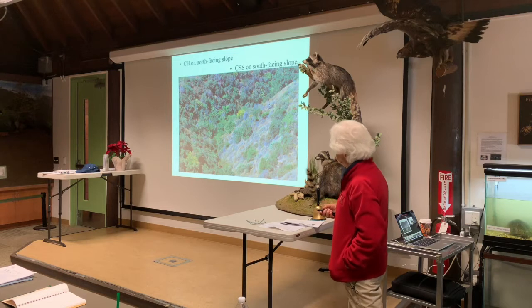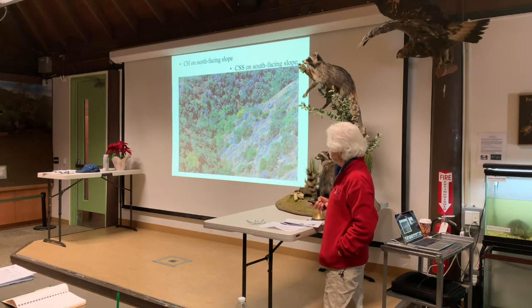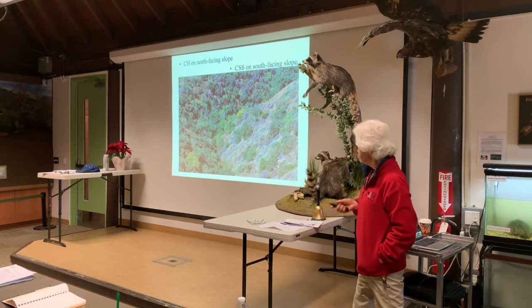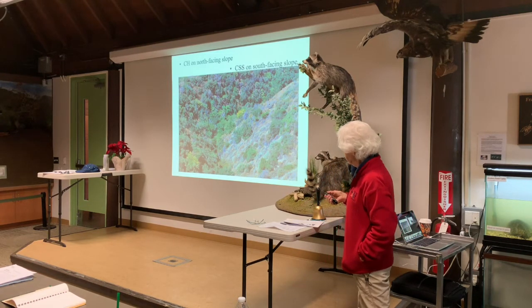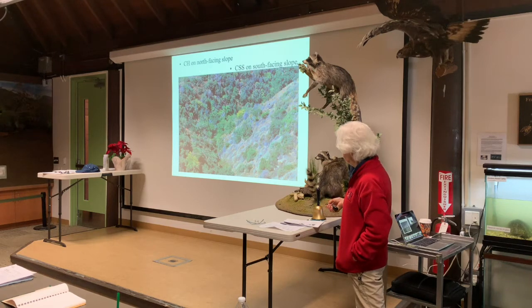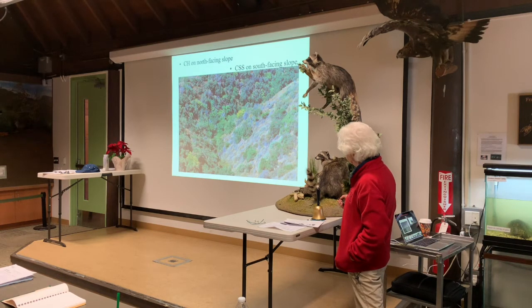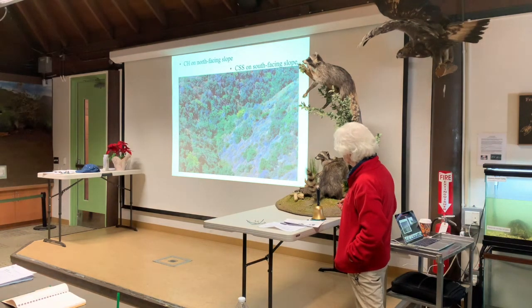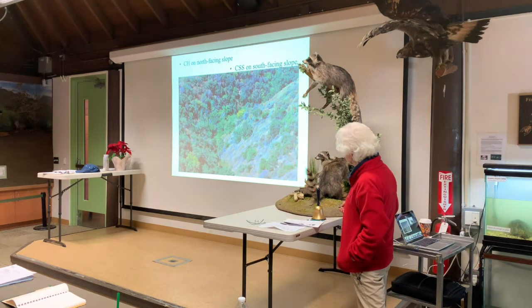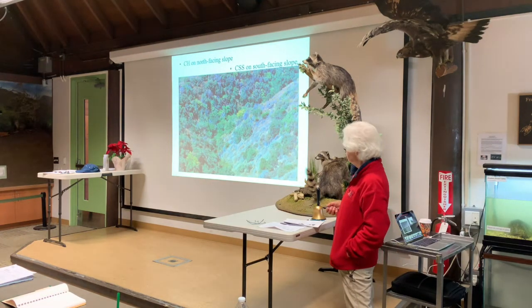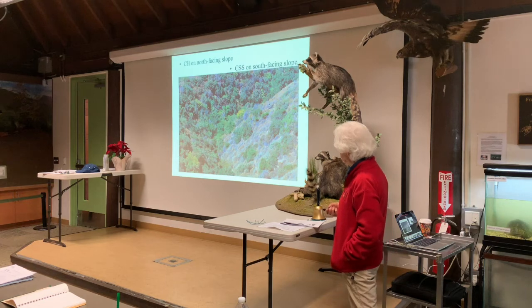So here's an example of chaparral on the north-facing slope and coastal sage scrub on the south-facing slope. Here's the north-facing slope. It's thick. And here's the south-facing slope. There are some larger plants, but they're pretty much low-growing, with areas in between where you can more easily walk.